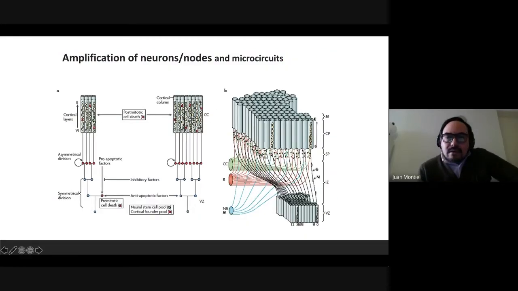So my point here is that if we amplify progenitors, we can amplify these computational units of processing, which are the microcolumns, and then we will have more computational capacity for the cortex.